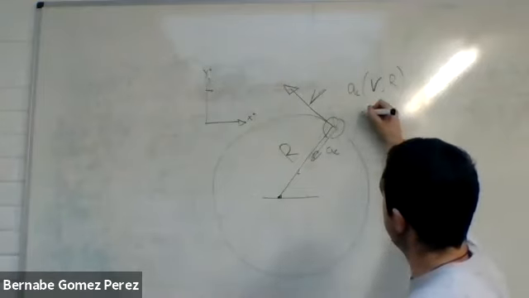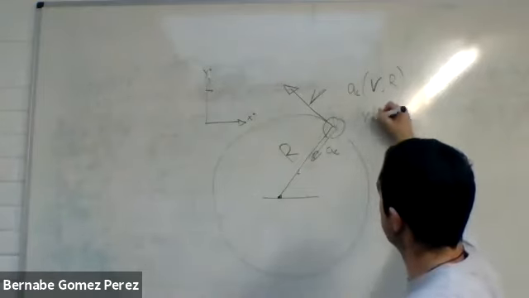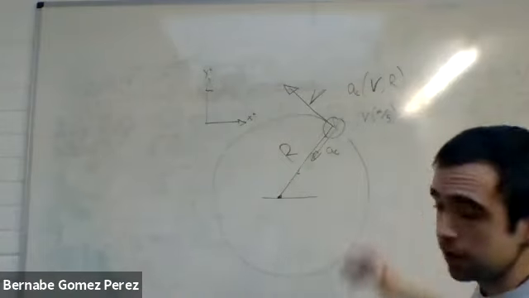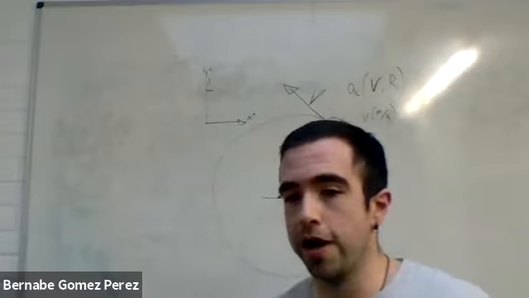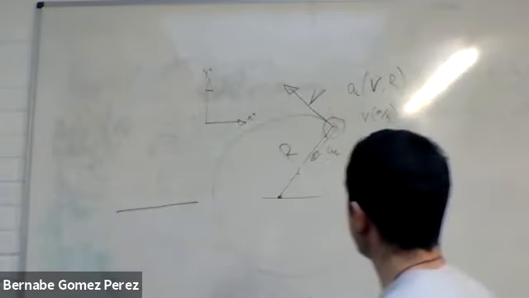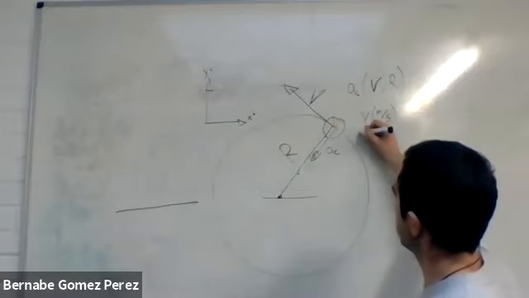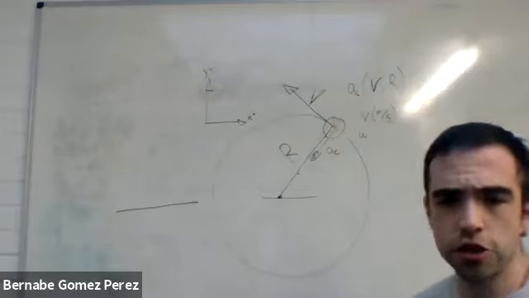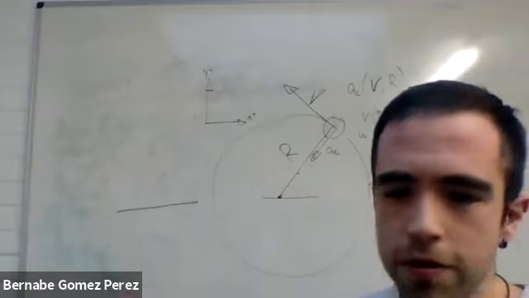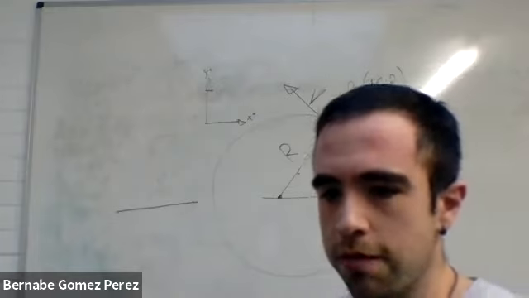Okay, so we have seen that velocity is measured in meters per second, right? A meter is linear, okay? We measure meters on a line. But what about angular velocity? How do we measure angular velocity? Can anyone give me a hint in the chat, or you can unmute your mics?